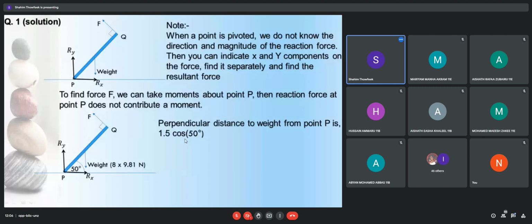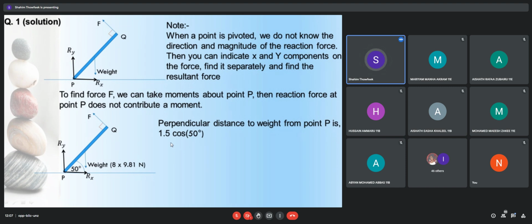If you can't find the length directly, then use trigonometry. You know one length, and you have to find which length you need, then you will find out whether to use sine, cos or tan. Just draw a simple diagram before finding the length. So 1.5 cos 50.